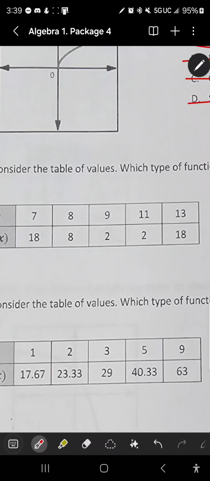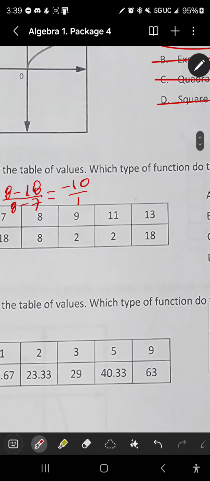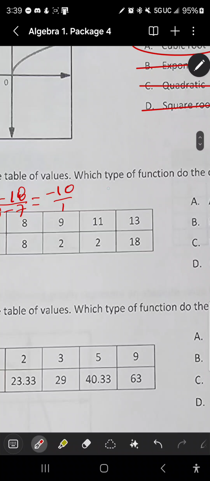But let's see. The slope for this will be 8 minus 18 over 8 minus 7. So this is -10 over 1, which is -10. And then in this case, I have 18 minus 2 over 13 minus 11.